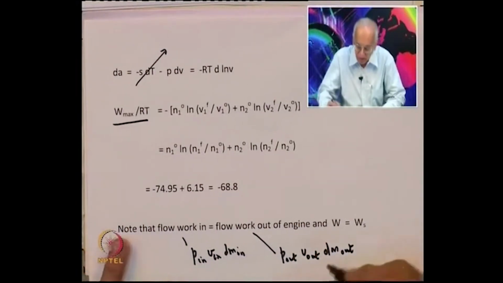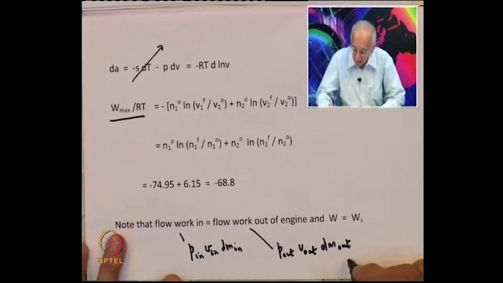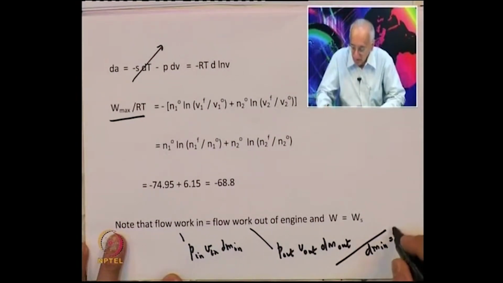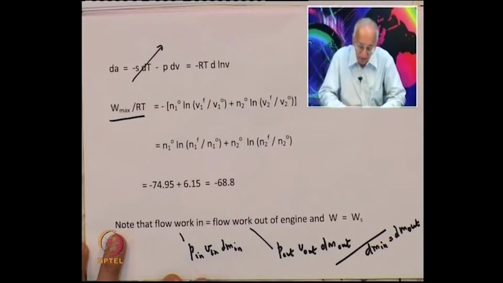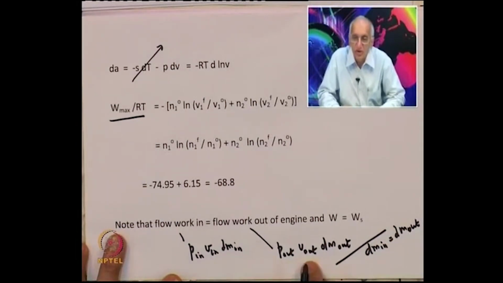Because the hold up is negligible, you know that Dm in is equal to Dm out, and P in V in is equal to P out V out is equal to RT.